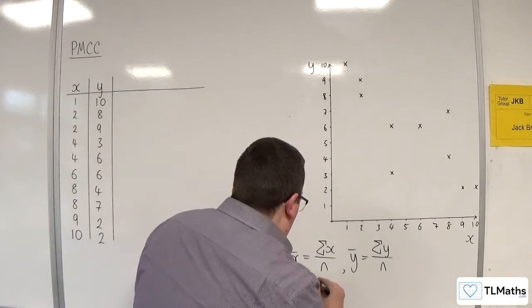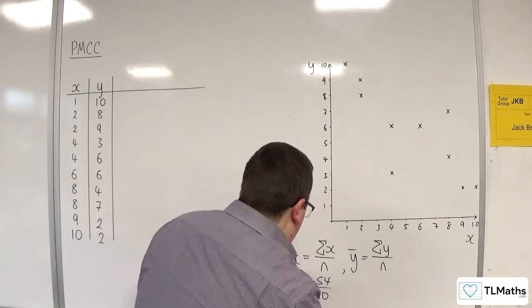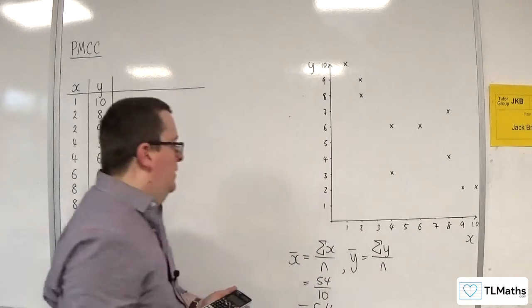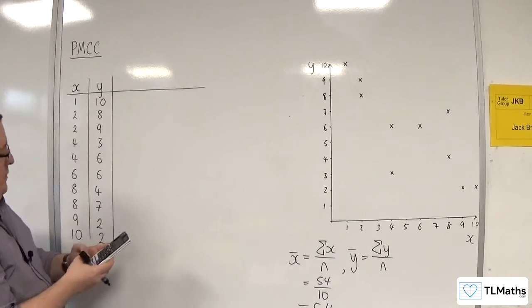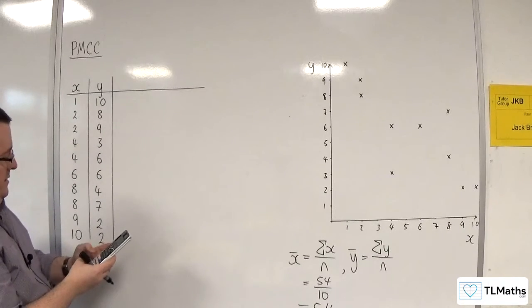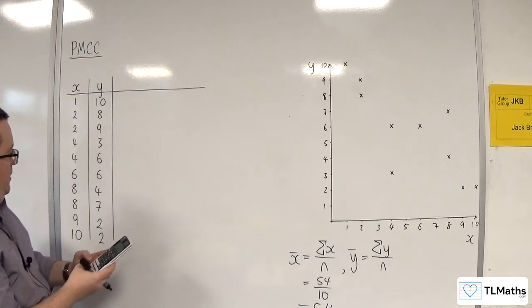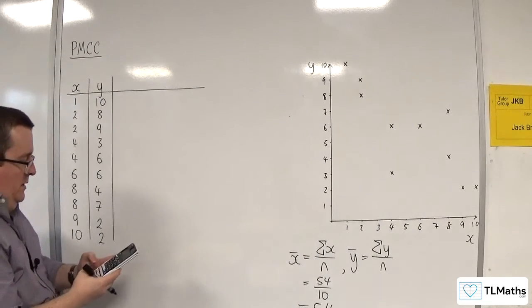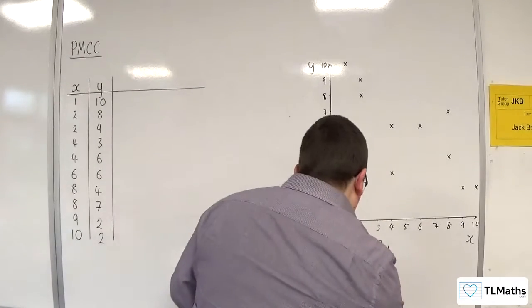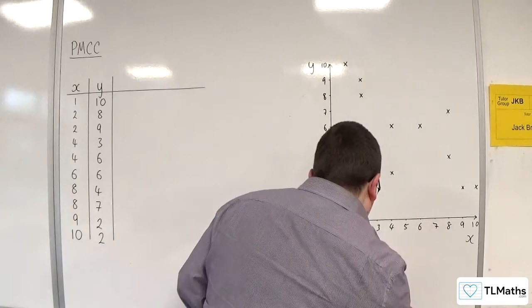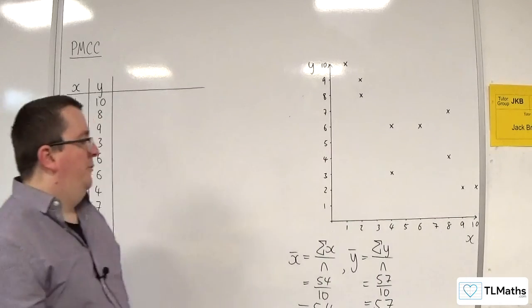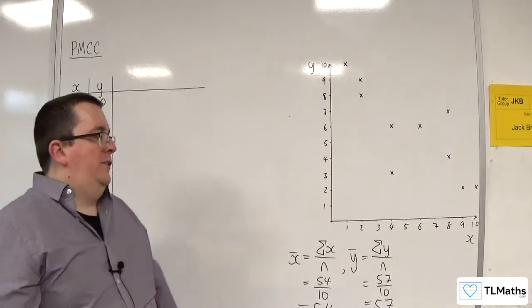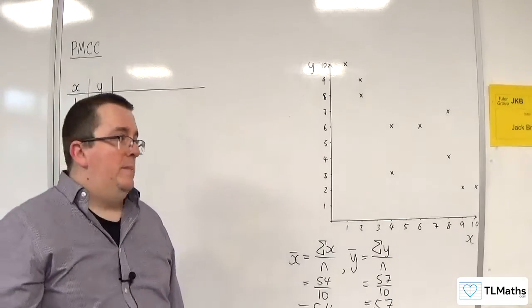So 54 over 10, so 5.4 for x bar. And for y bar, we've got 10 plus 8 plus 9 plus 3 plus 6 plus 6 plus 4 plus 7 plus 2 plus 2, which is 57. So 57 over 10 is 5.7. So we've got 5.4 and 5.7 as the mean of the x's and the mean of the y's.